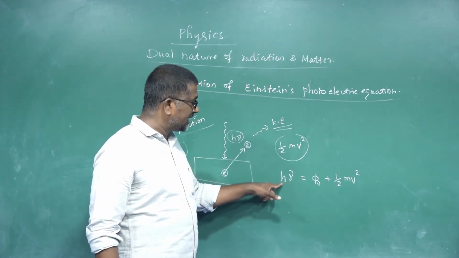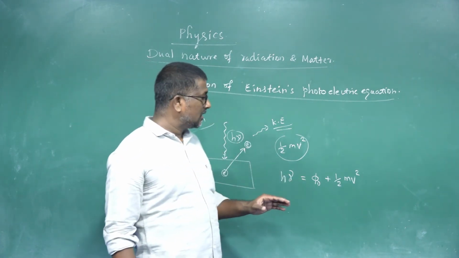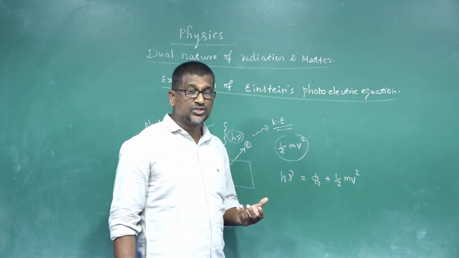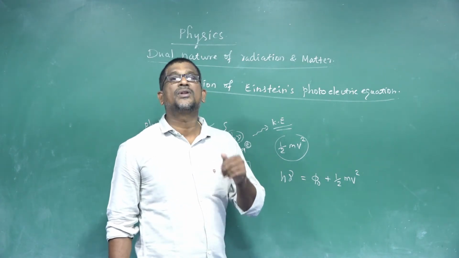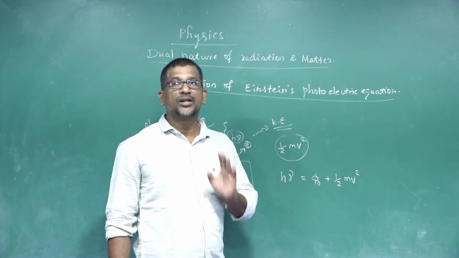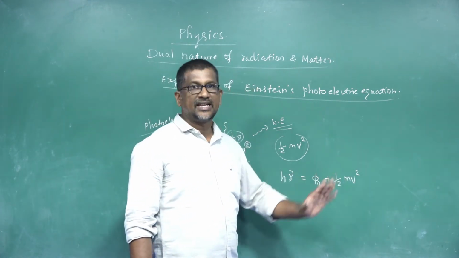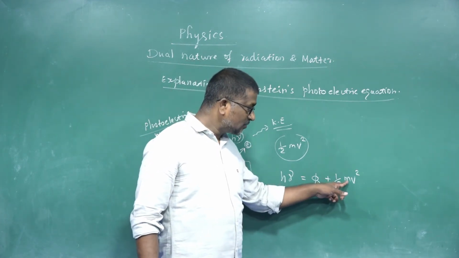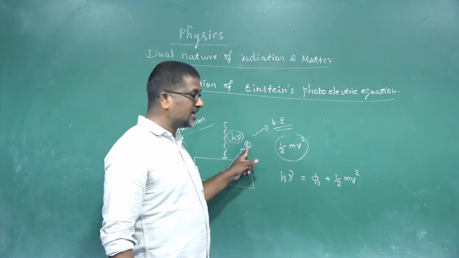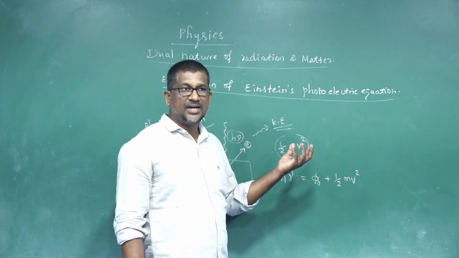So h nu is the energy of the incident photon, and phi naught is the photoelectric work function of the metal. The minimum energy required to liberate the electron from the metal surface is called the photoelectric work function of the metal. And the remaining energy becomes the kinetic energy of the emitted electron, half m v square, where m is the mass of the electron and v is the velocity of the electron.